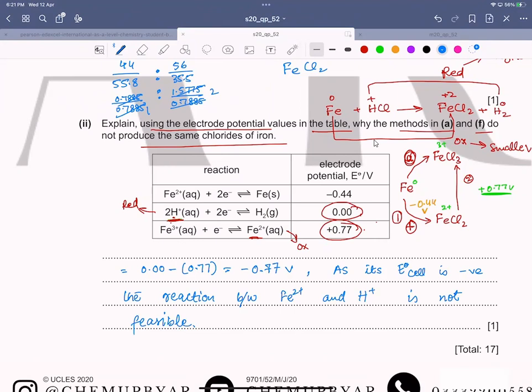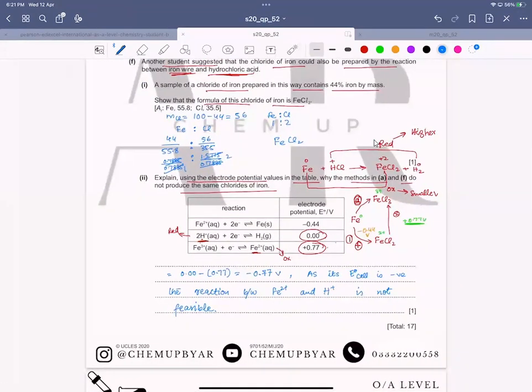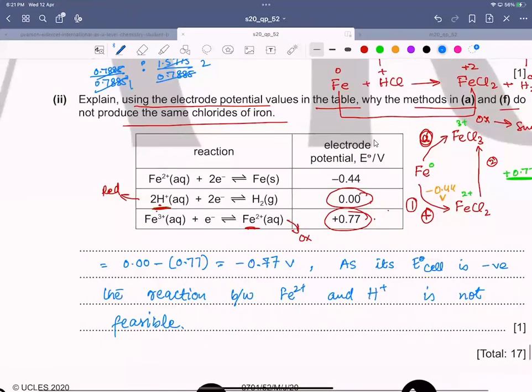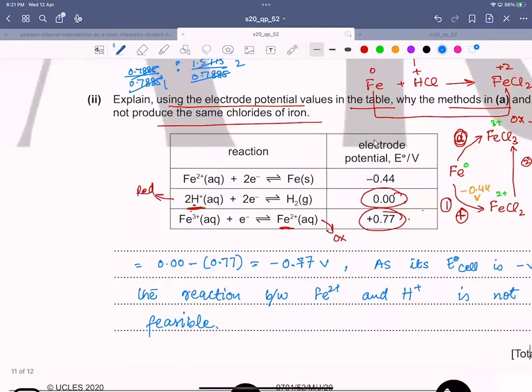If anybody has any doubt, kindly ask. The value of hydrogen is less, so why are we putting it in reduction? Because according to the condition, we are assuming that if hydrogen were to be reduced, then it would be able to oxidize iron 2+ into iron 3+, right?